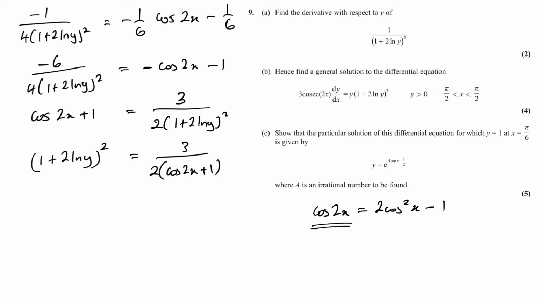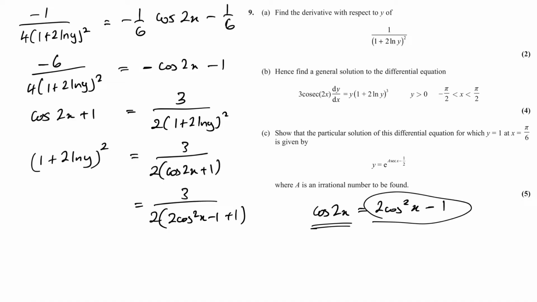So actually I can replace that with this. So I've got 3 over 2, and it's going to be 2 cos squared x minus 1, and of course we still got the plus 1. So I've only replaced this with this, and that is still there. So that's going to go, isn't it? So that's going to give me 3 over 4 cos squared x.